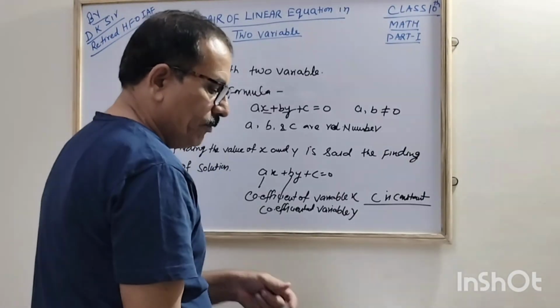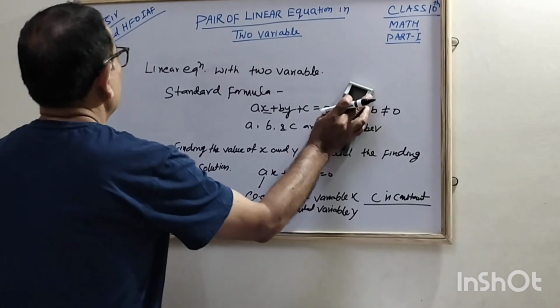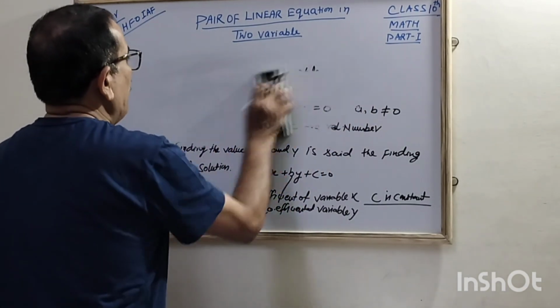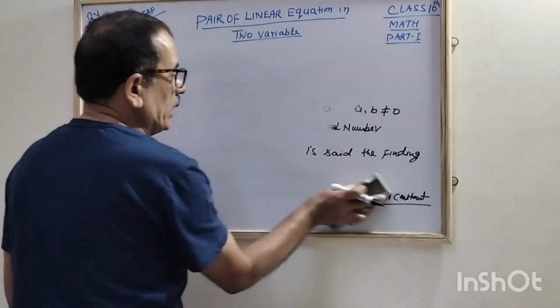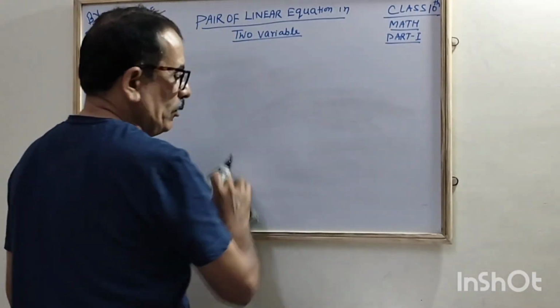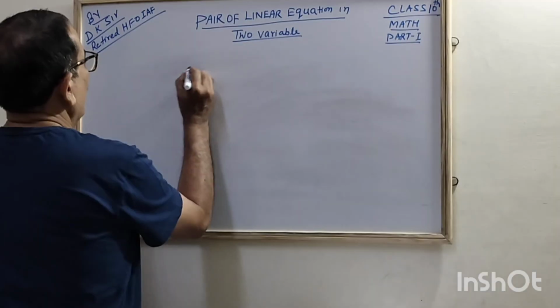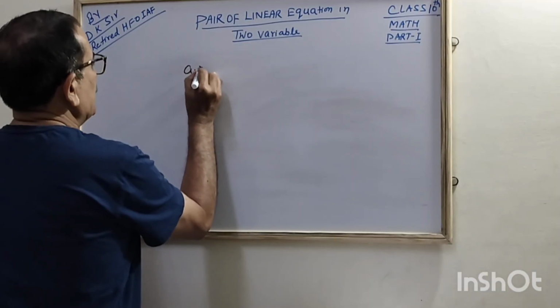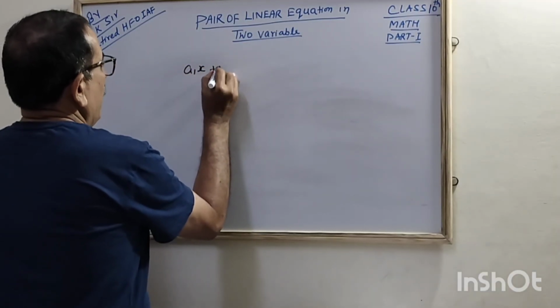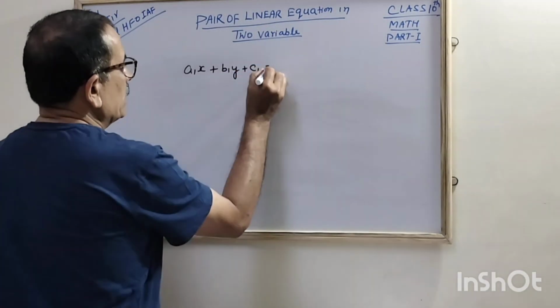Now, we talk about the pair of linear equations. So how do we write a pair of linear equations? We will take two linear equations. The one we take is a1x + b1y + c1 = 0.